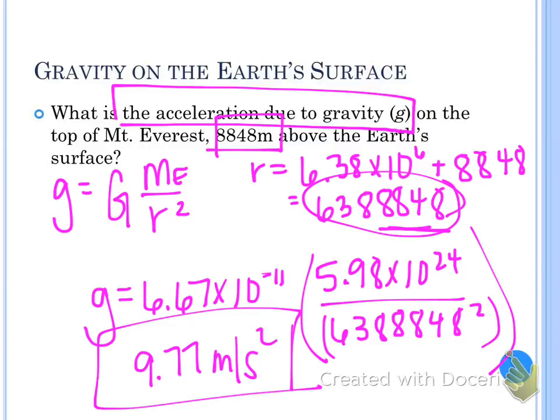Not a drastic difference, but there is a little difference. So, do we think we're going to start floating away when we get to the top of the mountain? Probably not. Things would fall a tiny bit slower, but not enough for us to notice. By the time you finish that walk, I don't think you're really going to care what the acceleration due to gravity is.